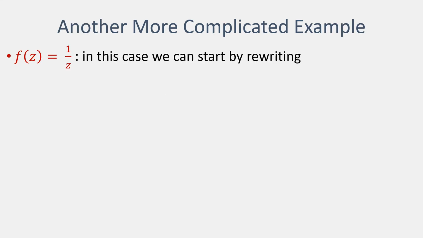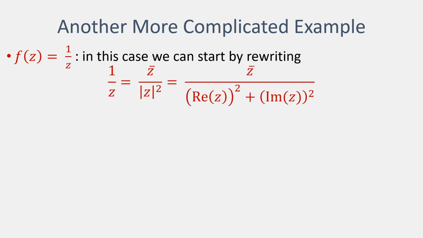Here's another, again, a rather more complicated example. Suppose we look at the function defined by 1 divided by some complex number. So to start off with, we rewrite it. We saw earlier how the operation of complex division is defined. It's a complex conjugate divided by the size of the complex number squared. This expression here.